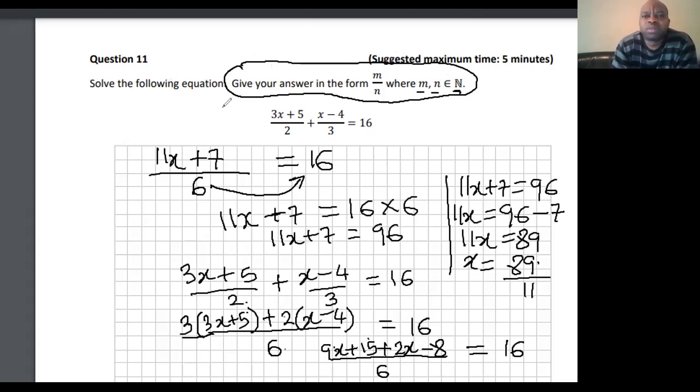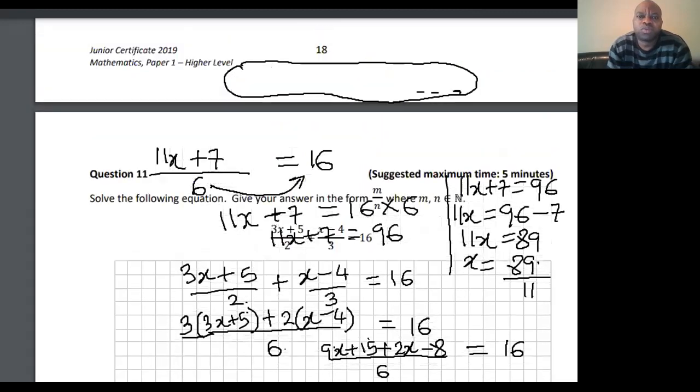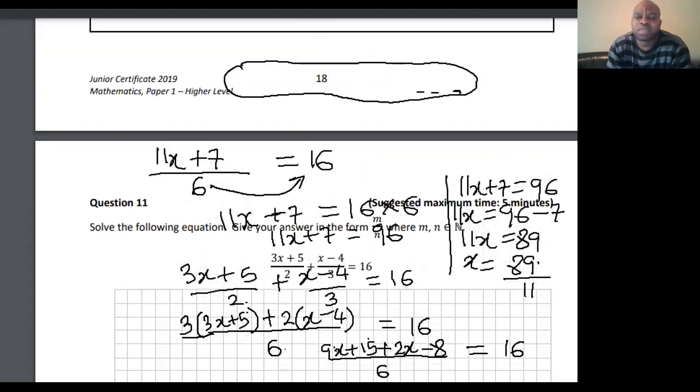Okay, so this is question number 11 of 2019 paper 1, higher level maths, junior SAT. But even most students that are doing junior SAT cannot solve this. Based on my encounter with them, it's because they don't know the basics, they don't know how to solve basic algebraic fractions from day one.